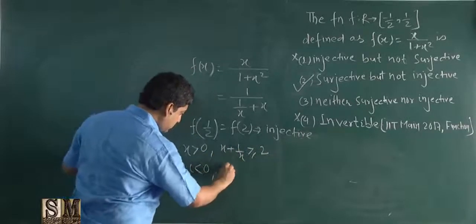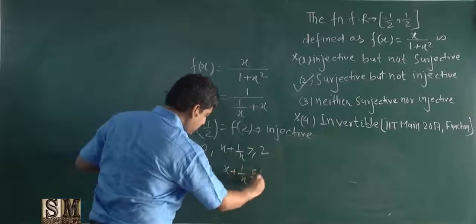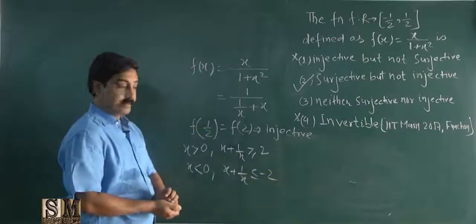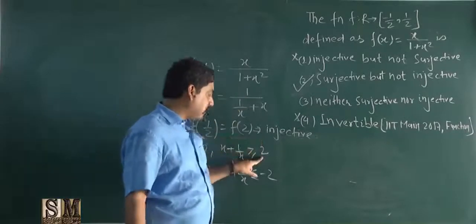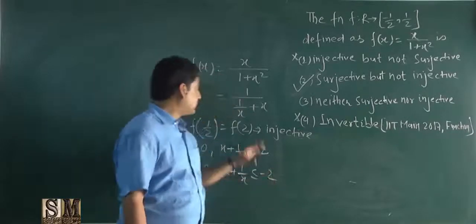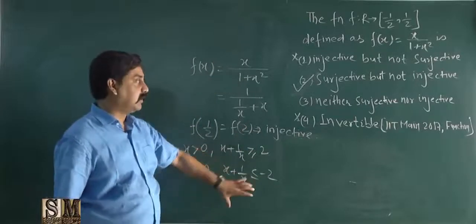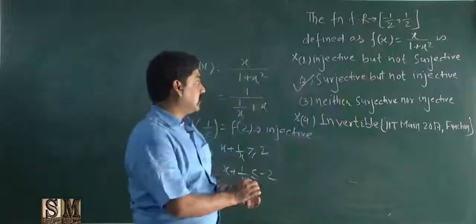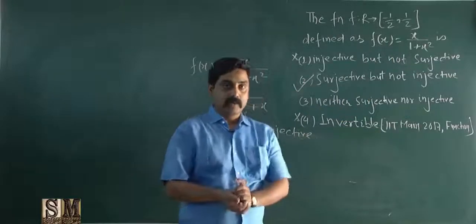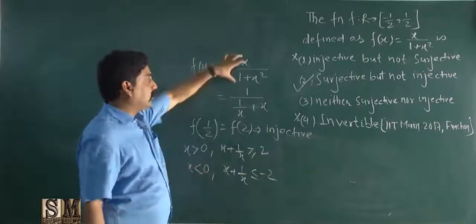When x is less than 0, this is less than or equal to minus 2. When we put this 2 here, f(x) is less than or equal to 1 by 2. When we put minus 2, this is greater than or equal to minus 1 by 2. So the range is the same as the codomain and the function is surjective. So you can do this without much effort.